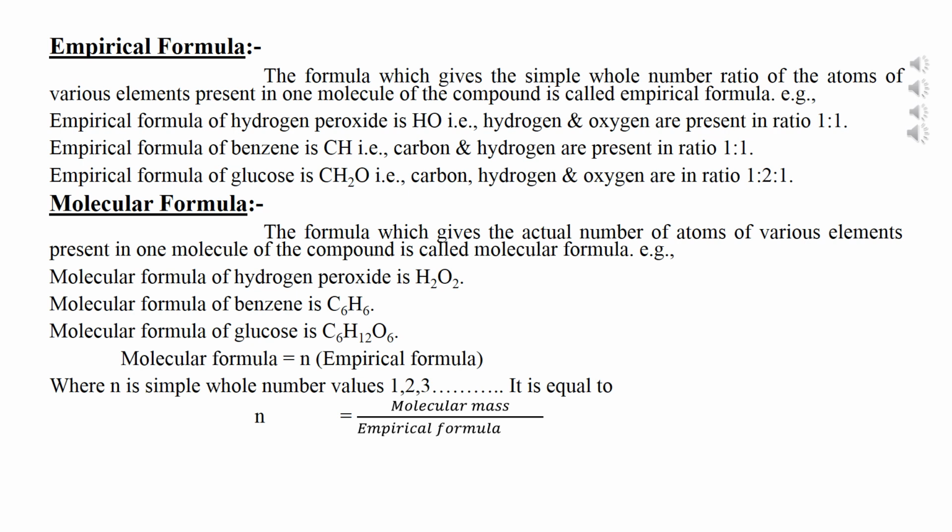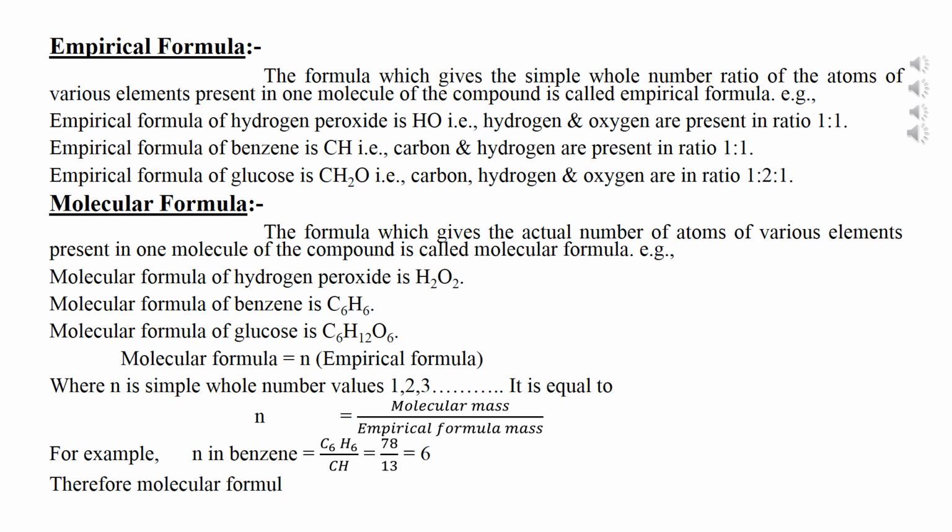For example, n in benzene is 78, that is the molecular mass of benzene, divided by the empirical formula mass, that is 13, which comes out to be 6. Therefore, the molecular formula of benzene is 6 multiplied by the empirical formula, which is CH. That comes out to be C6H6.